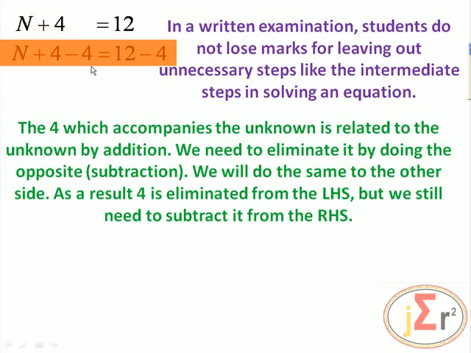As a result, 4 is eliminated from the left-hand side, but we still need to subtract it from the right-hand side. So we need to subtract 4 in order to eliminate the 4 so that it leaves the unknown alone. So subtract 4 here, but we will have to subtract 4 from the other side also, that the equation may be balanced.